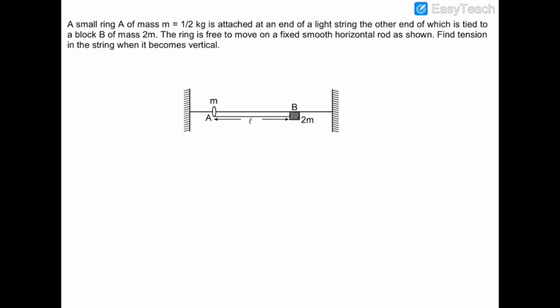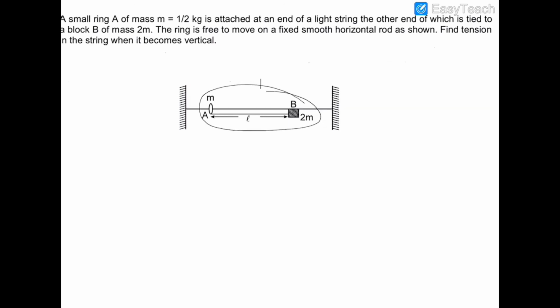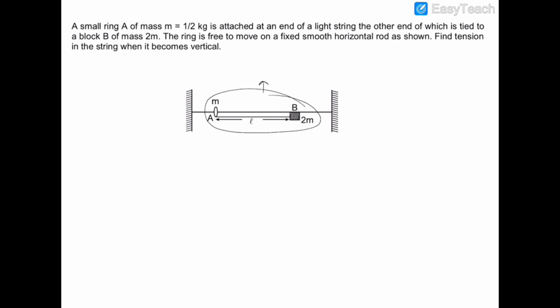So first of all, we can see that on this system the external force acting in x-axis, Fx, is 0. So we can say that the momentum of this system is conserved in x-axis.